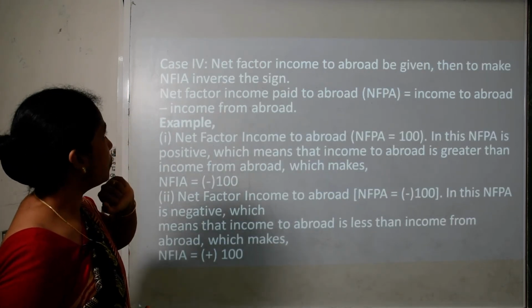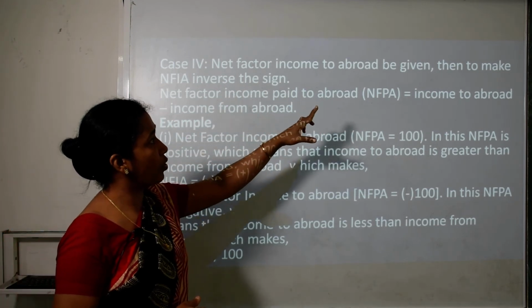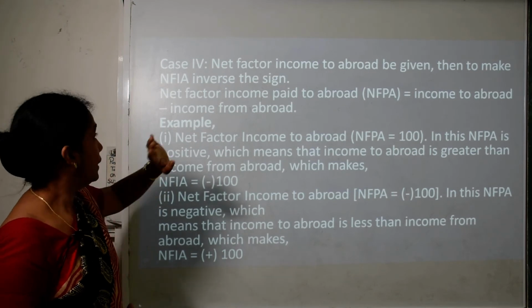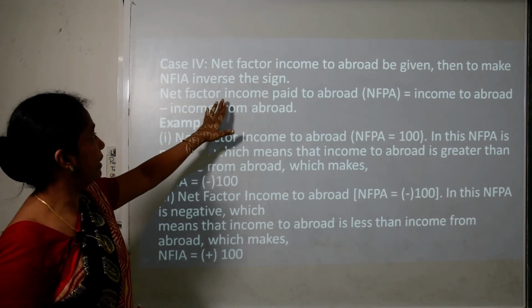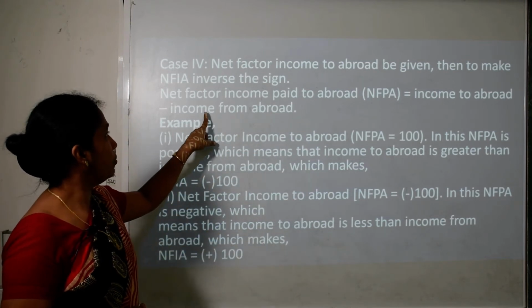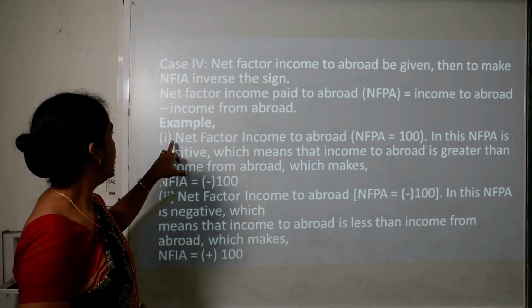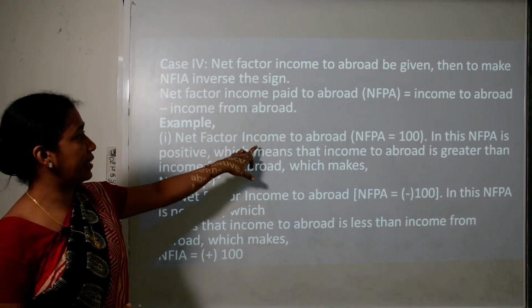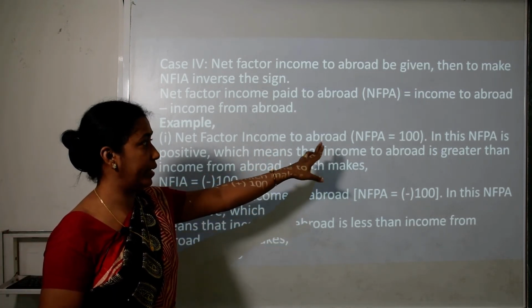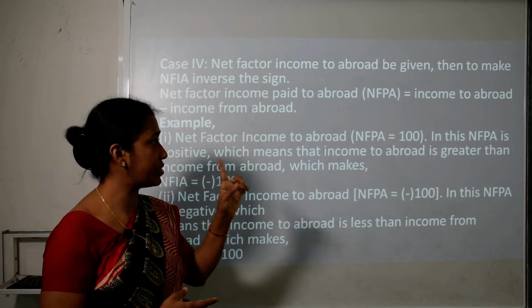Now there is case 4. If net factor income to abroad is given, then to calculate net factor income from abroad, inverse the sign. That means, say for example, net factor income paid to abroad is equal to income paid to abroad minus income from abroad. Now an example can be net factor income to abroad, which is 100, already given.